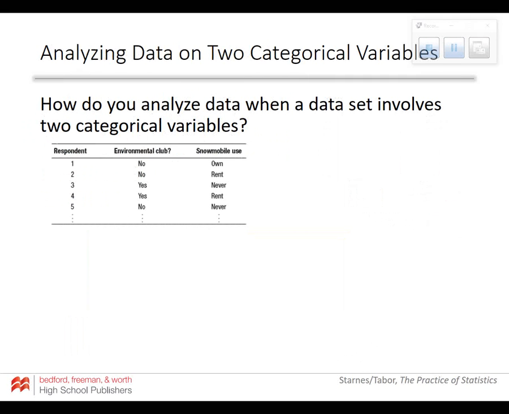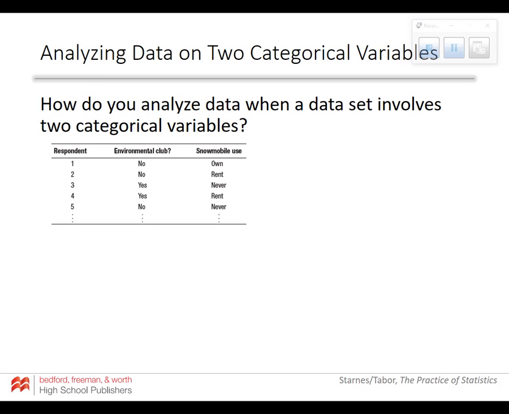All right, so now we're going to talk about analyzing data with two-way tables. Here we have a situation where we have our respondents, and we're asking them, are you in the environmental club or not? And then we're asking them, do you own a snowmobile? Do you rent a snowmobile? Or have you never ridden a snowmobile?